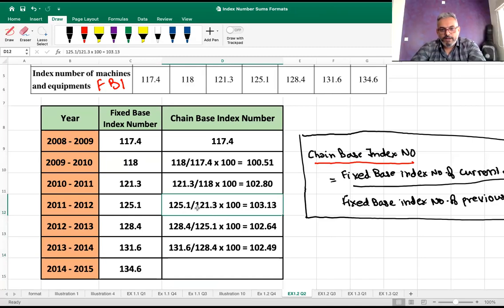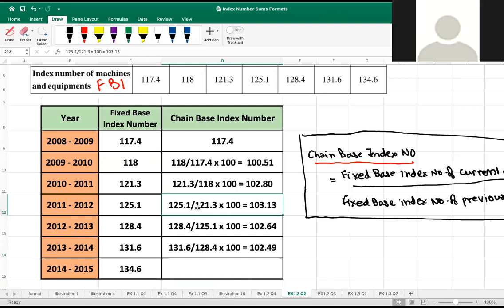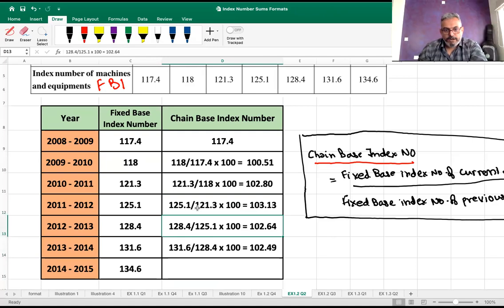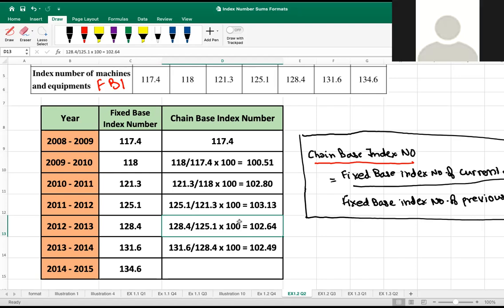Over here, 12, 13. Okay, let me check: 128.4 divided by 125.1 is 102.64. Yes sir, I'm trying once again. Okay, try again.